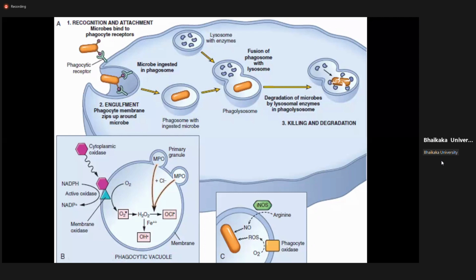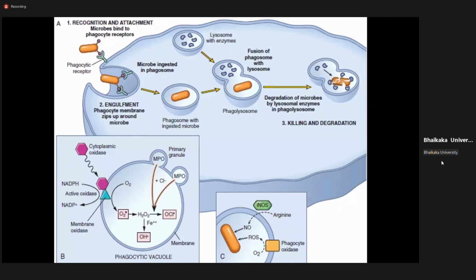H is for the reduced form. So this reduced NADPH is oxidized to NADP, and in the process, molecular oxygen is reduced to superoxide anion. This is O2 dash, the superoxide anion, which is a reactive oxygen species.